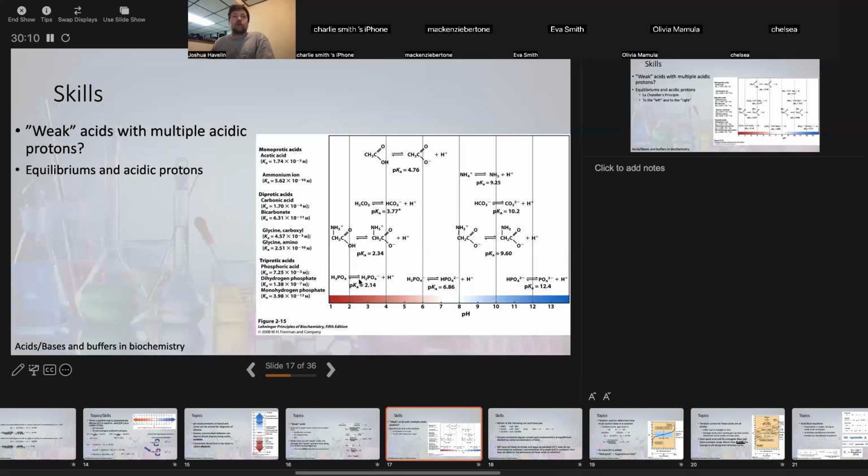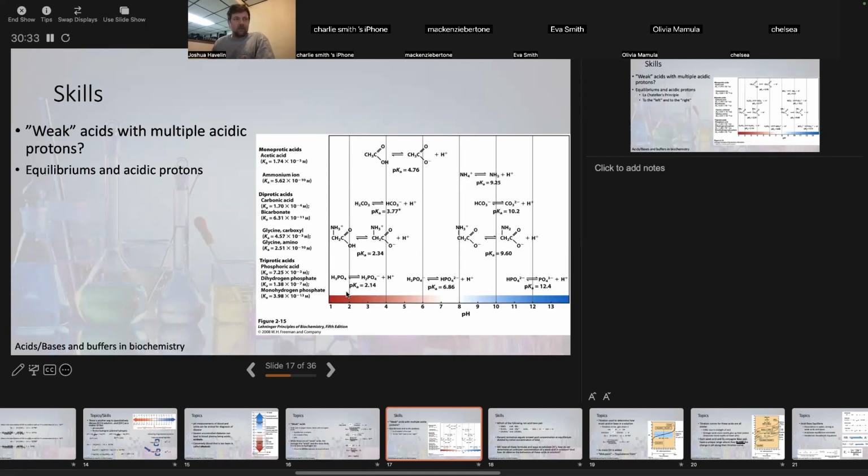We'll just go down here to phosphoric acid. So phosphoric acid, which is actually a common acid used in laboratories to buffer the pH of solutions, has 3 acidic protons. So H3PO4 can dissociate into H2PO4, H2PO4 can dissociate into HPO4, and HPO4 can dissociate into PO4.